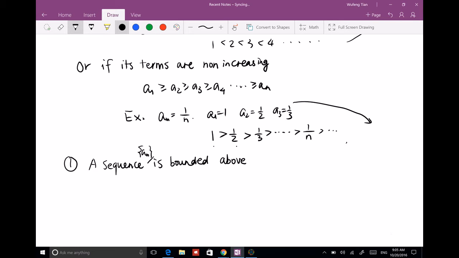A sequence AN is bounded above if there is a real number M such that AN is less than or equal to M for all n.